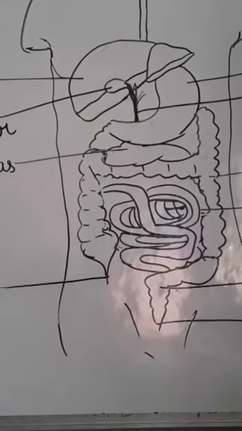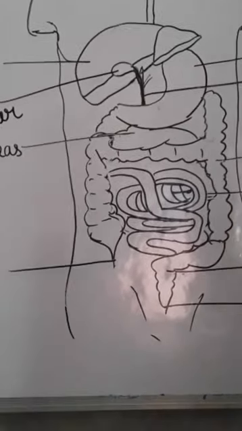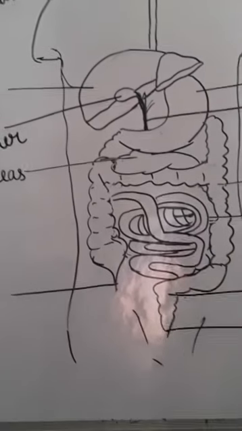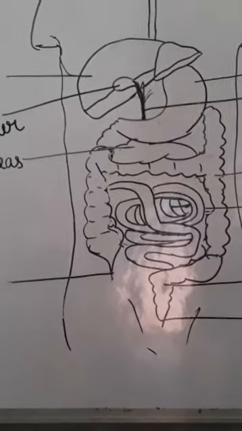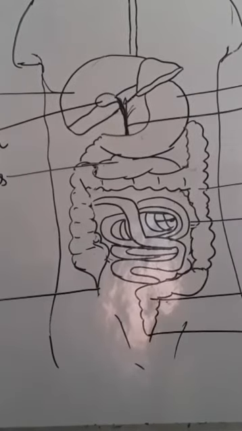What are these glands? Like the liver and pancreas, their secretions, and the intestine also secretes intestinal juices which help in digestion. The small intestine is the site of complete digestion of carbohydrates, proteins and fats.